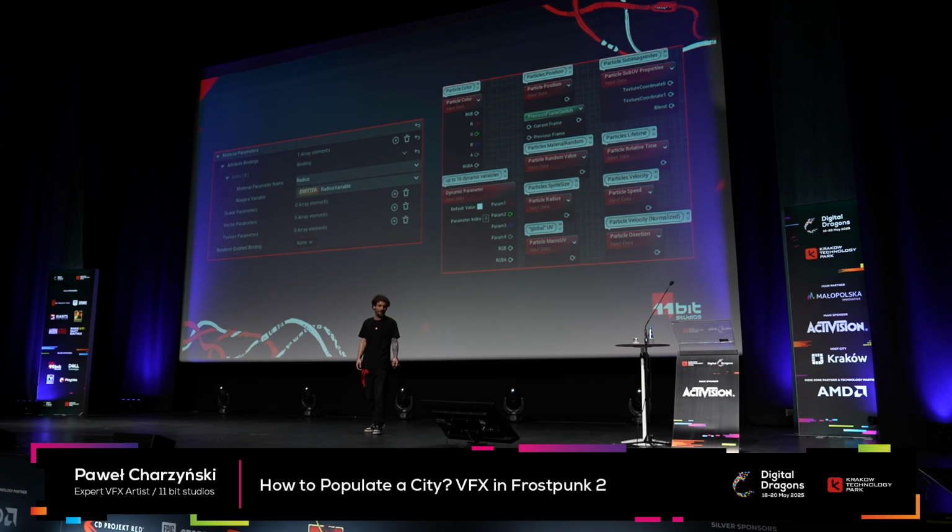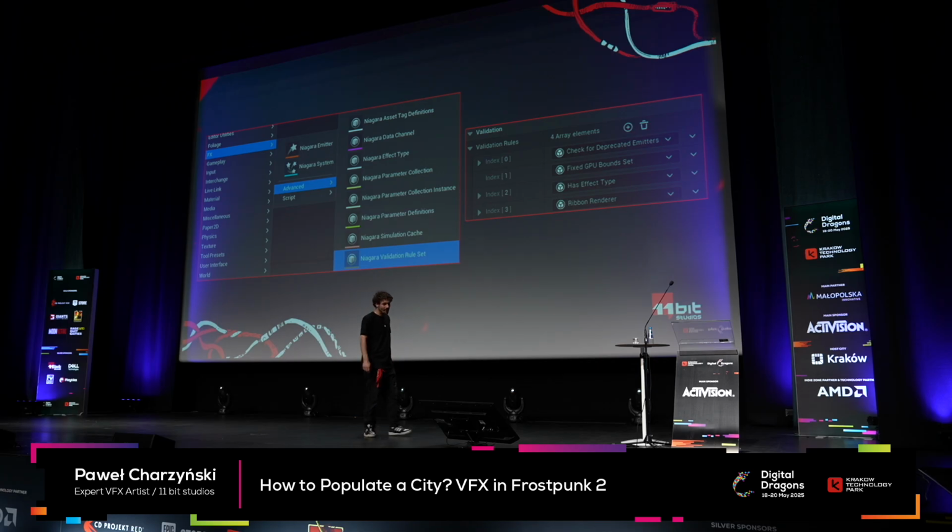It's real fun. And there's also the thing that's called Niagara validation rule set. That's the new one in 5.4, and it helps you with workflow. Like you have a lot of Niagara systems inside your game, we have around 100, 200.